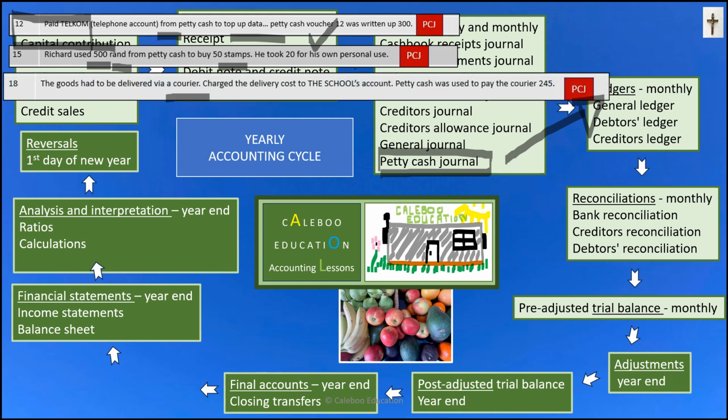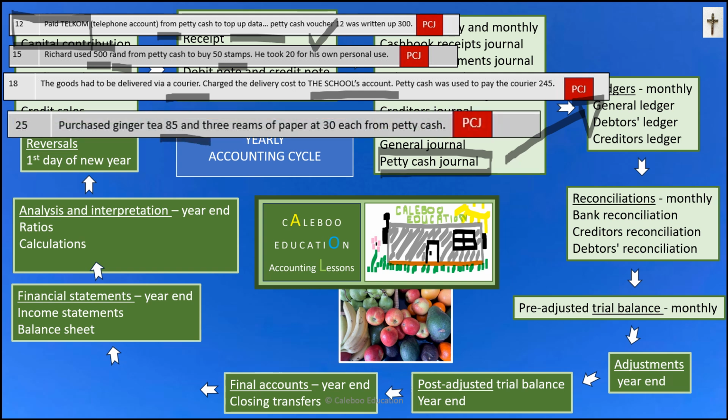Here's another example. We paid for a courier to deliver our debtors' stock. So this money was put onto the school's account. Our debtor, the person or the institution we sell to on credit, we charge their account with the courier fees and use petty cash to pay for it.